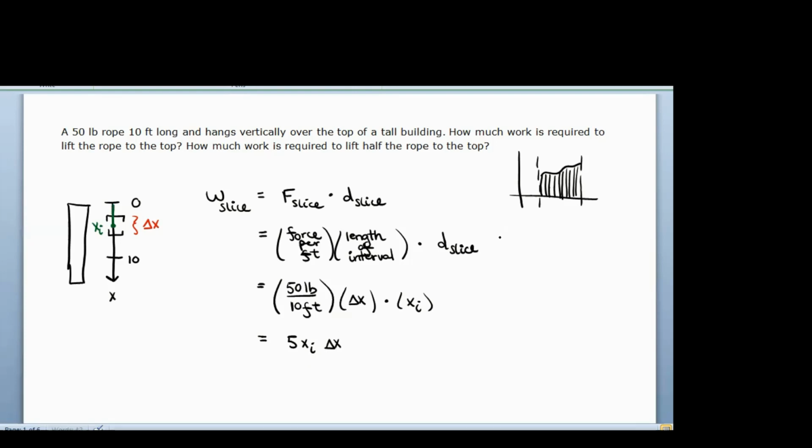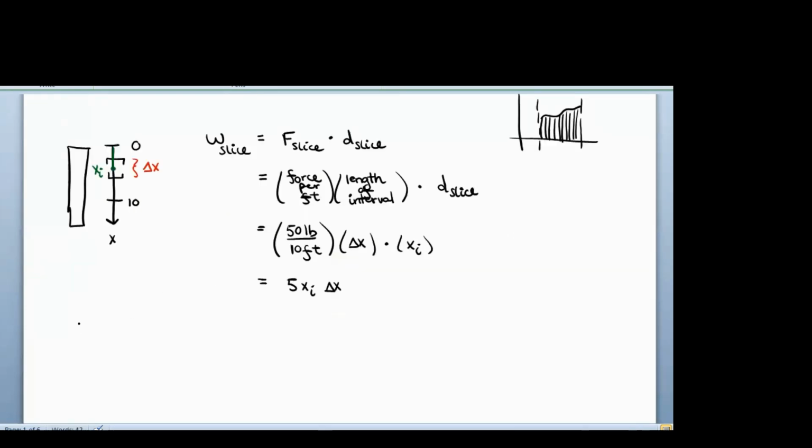Now, the way these problems usually get set up in a Calc 2 course is that you set it up as a Riemann sum, and so that's the way I'm solving the problem. And so my total work, again similarly to how we do the area under a curve, I am going to add up all of the work on my slices.